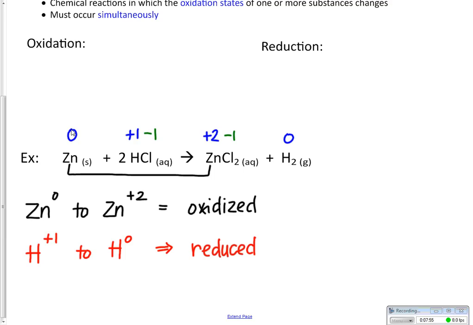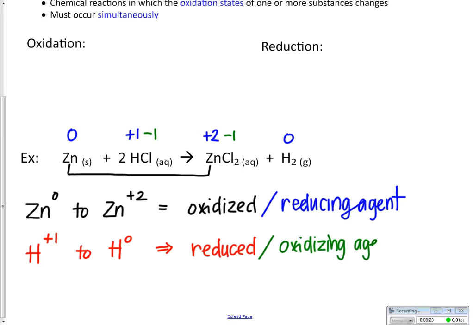And hydrogen cannot take electrons from zinc unless zinc is willing to give them away. So, even though the zinc is oxidized, it causes something else to be reduced. So we call it the reducing agent. And even though the hydrogen was the substance to be reduced, we call that one the oxidizing agent.